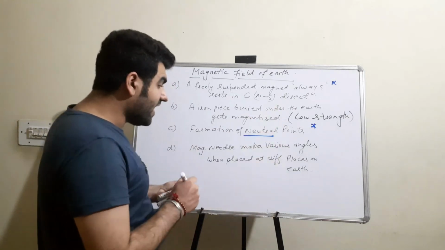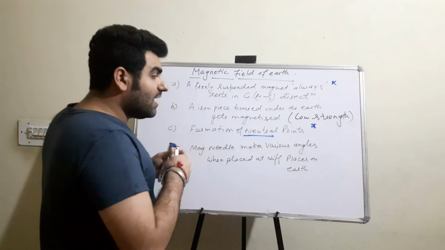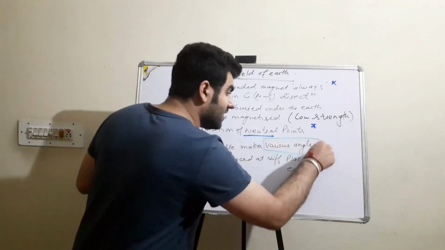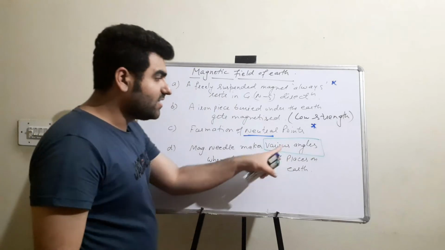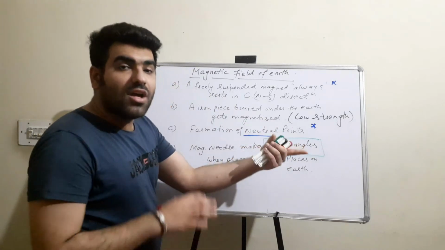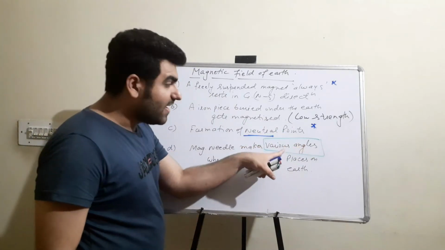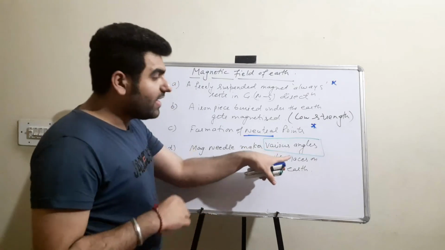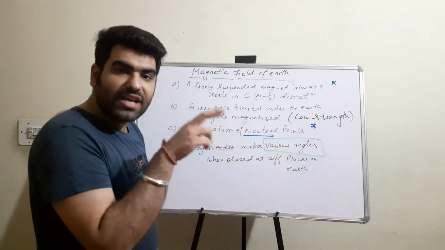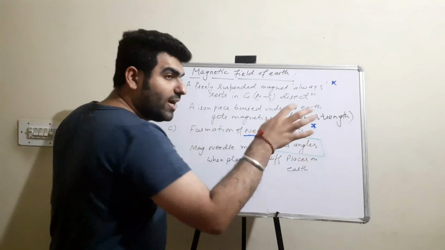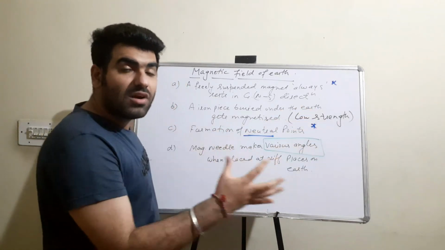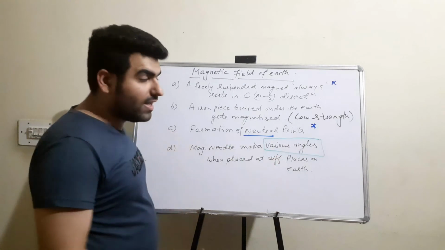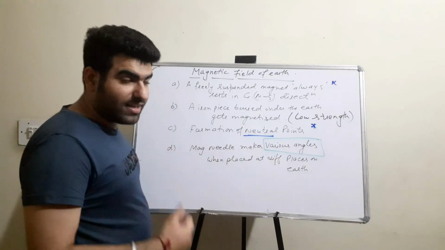It always makes some angle, and it always changes its angle. So it means it is affected by some other thing, as this does not give a unique answer. We cannot say this is the specific direction where the needle will point. If the angle keeps changing, it means it is continuously being affected by something, and that thing is the Earth's magnetic field.